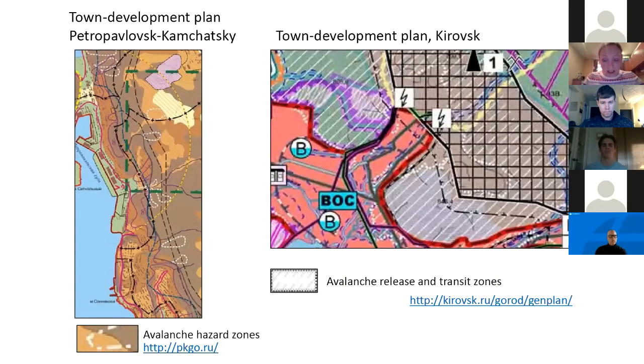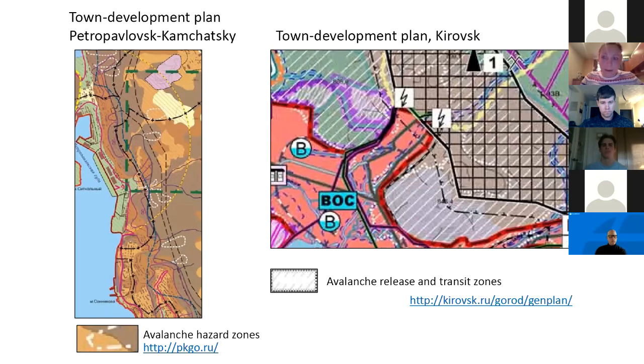I would just like to mention that despite the existence of large-scale avalanche mapping approaches in Russia, as well as risk assessment experience accumulated so far, right now large-scale maps in Russia are not so popular.